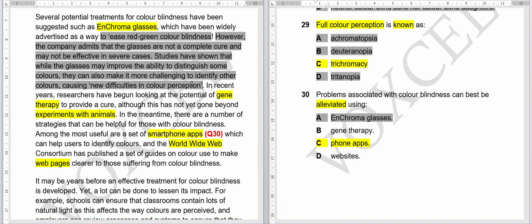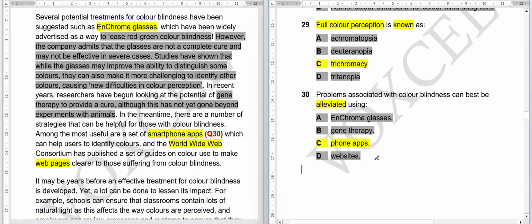You are just transferring your problem to some other particular case, from A to B, but you will have some kind of problem. You're not making your life easier, you're just changing the clothes of the problem. So that's why this cannot be our option. Gene therapy, why is this not our option? Because it is in the experimental stage, we haven't used it on humans. There is no mention of that.